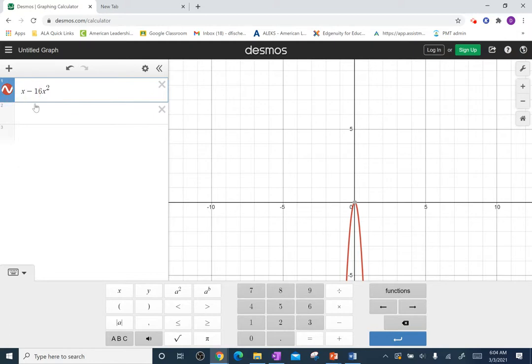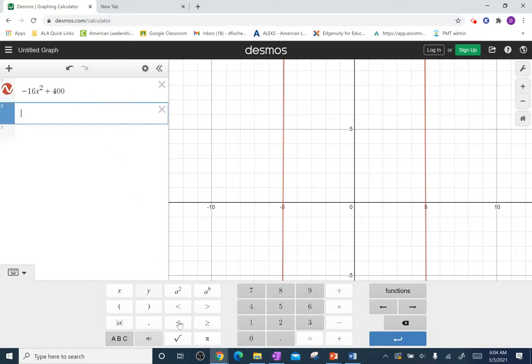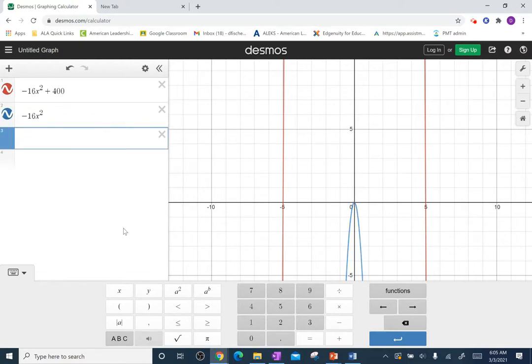I've got to get rid of that x. I'm not doing too well today. And then I had plus 400, I believe. And then the other one was -16t squared, and I think it was plus 1600.